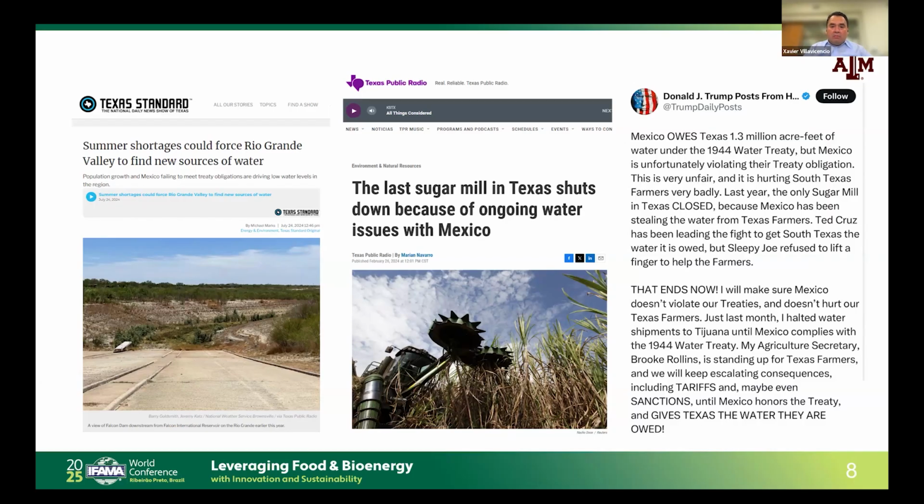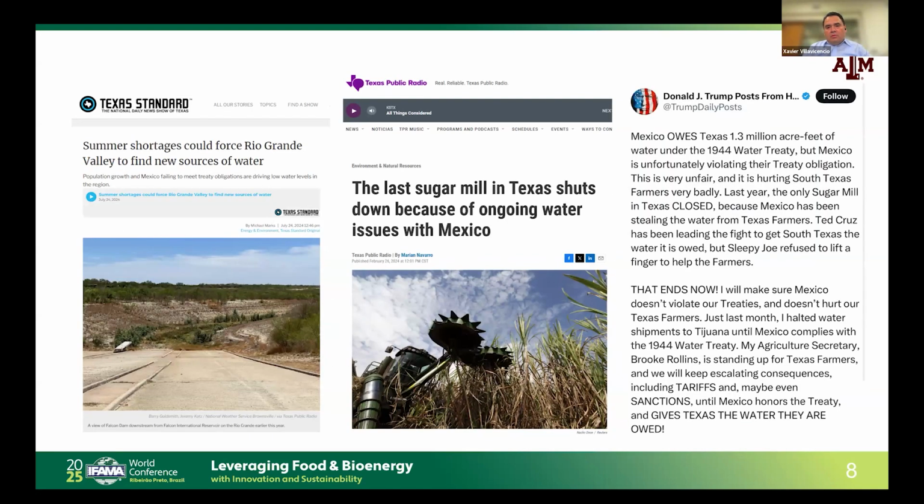It had to shut down because there was no water to grow sugarcane. This has led to some political issues with Mexico. Some people believe that Mexico is not delivering the water because they don't want to, but some other experts agree that the reason is that it's not raining here in South Texas and in the north of Mexico, so there is no water to deliver.